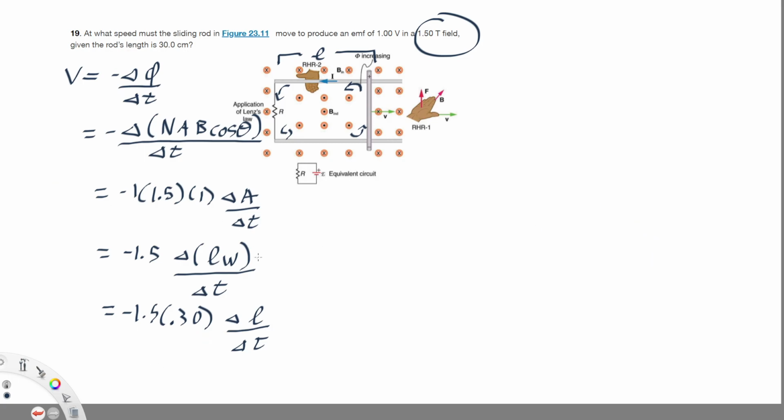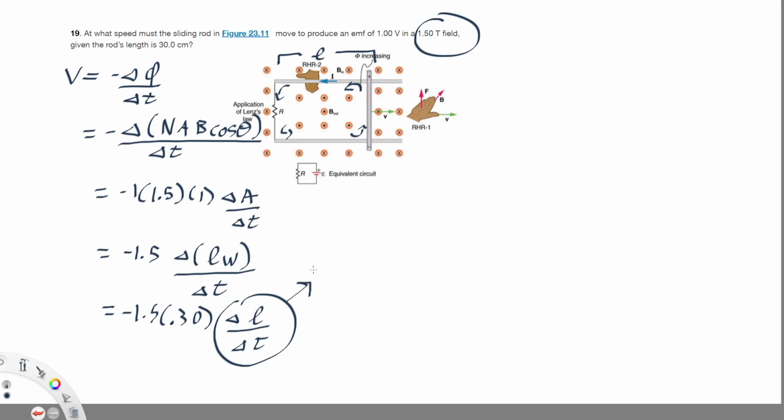All right. So the change in length of this thing with respect to time, how do we get at that? How fast is the length of this rectangle increasing?